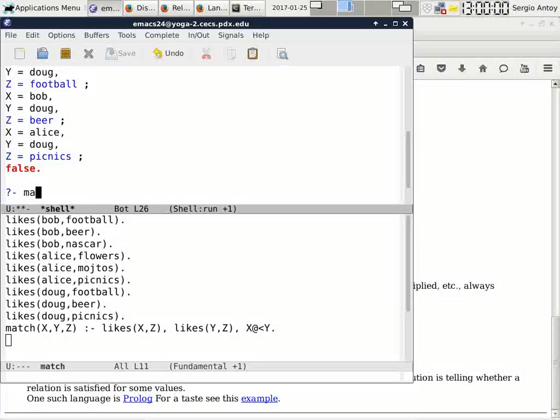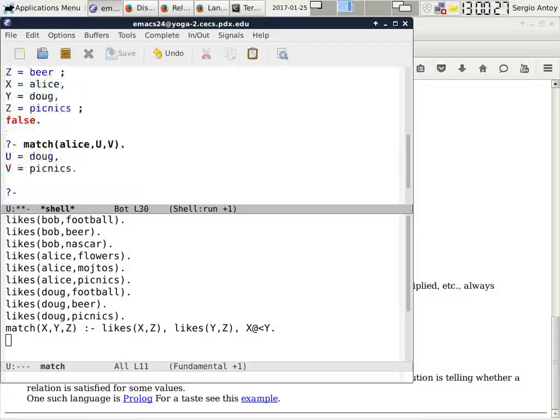So here I can say match Alice, let me call it U and V. The name really doesn't matter. And so here it is trying to find a U and a V that we can match with Alice. And so if I do this one, it says Doug and picnics for U and V, and there are no other options.